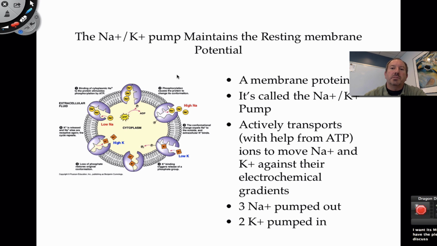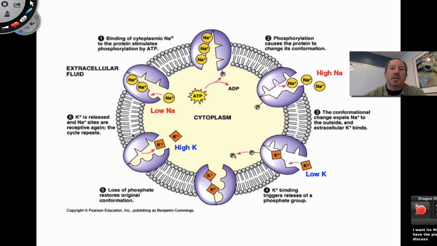And so the sodium-potassium pump, as it's called, helps to keep that membrane potential just where we want it, which is negative 70 on the inside relative to the outside. And that's because it's pushing 3 positives out and taking 2 positives in, as you can see here.